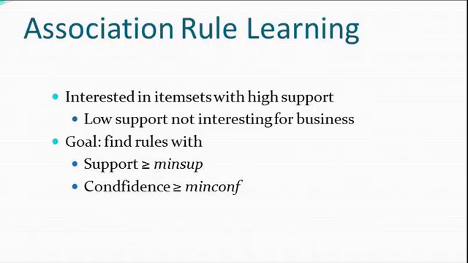How many times when people buy data mining, they're going to buy statistics? And how many times when they buy data mining and statistics, they're going to buy machine learning books? That's the confidence. And the support means how many times statistics, data mining, and machine learning are in one basket in all the transactions. That's the support. Are you with me?